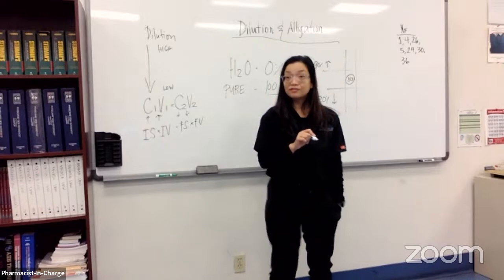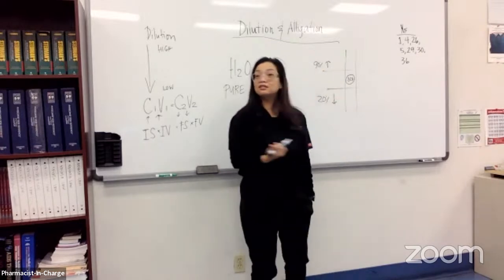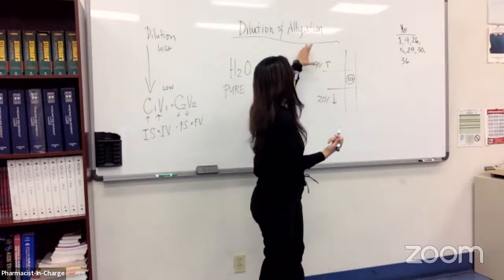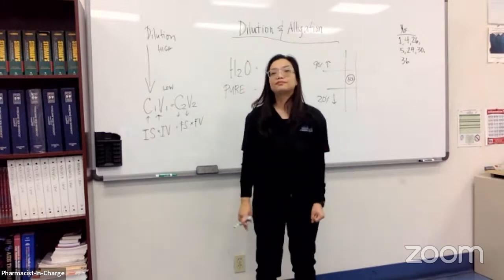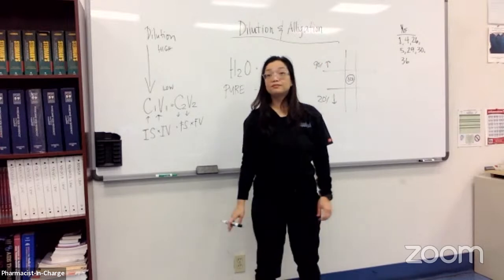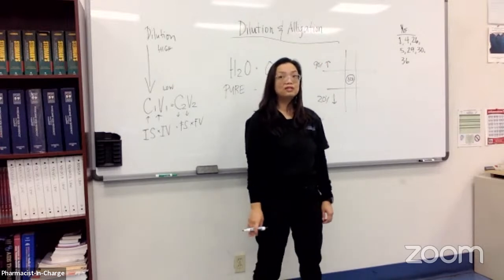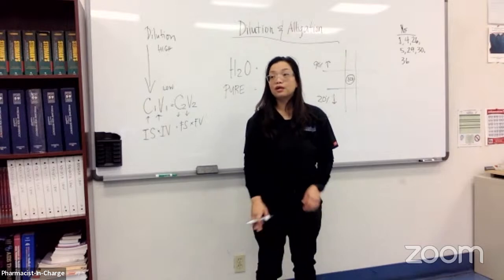That clear? Now you can plug in the numbers. If it's a pure substance, then you'll have to have the 100% on the higher side. Clear? Okay, now let's put this into action with an example.